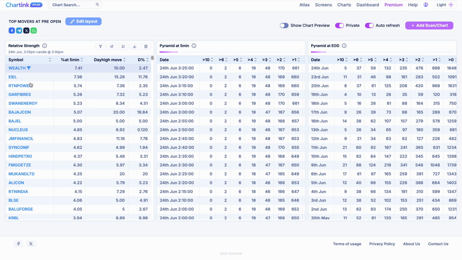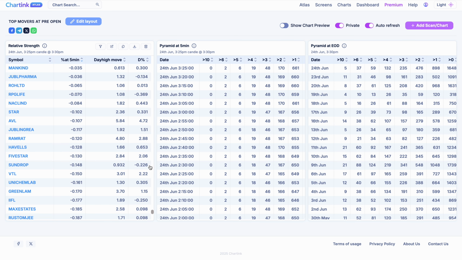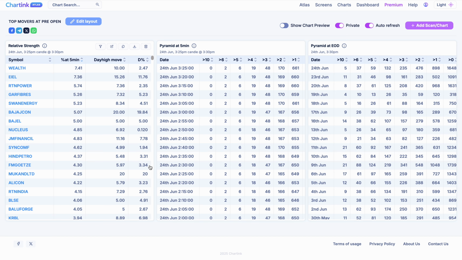If you have to choose 1 out of 6, that is the probability, whereas if you choose from the lower end of the bucket, that will be 1 out of 60. So it's a pure numbers game.